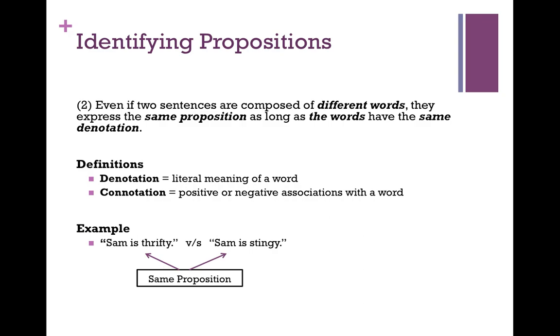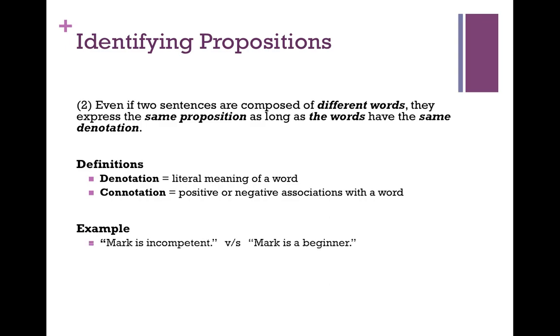So when you hear the sun's coming out, I think, oh God, no, I'm going to get a sunburn. But you might think, yes, I'm going to get a good tan or something. So this is why I'm saying what we have to do is focus on literal meaning, because these positive or negative associations are so subjective that we really can't have any kind of objective study of logic if we're going to focus on those. So instead, we focus on the literal meanings of the words. And in this particular case, these express the same proposition.